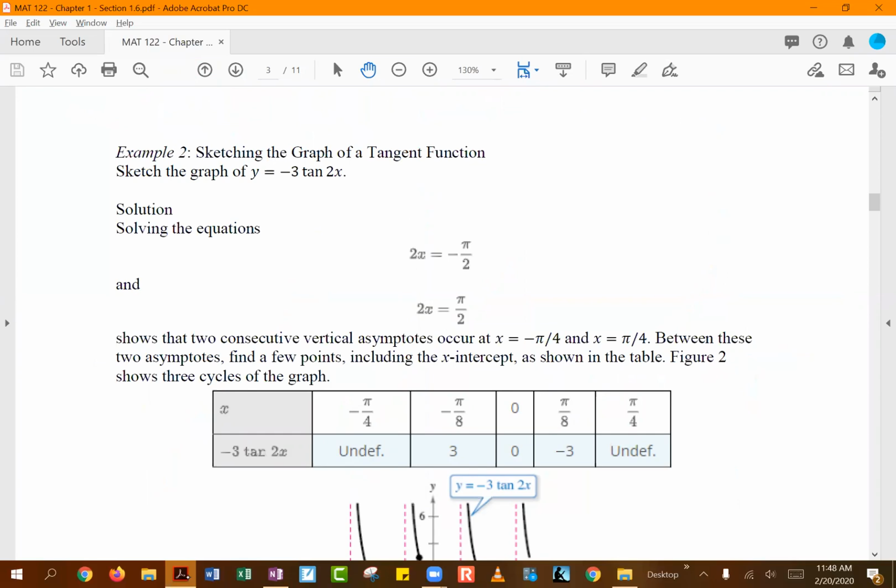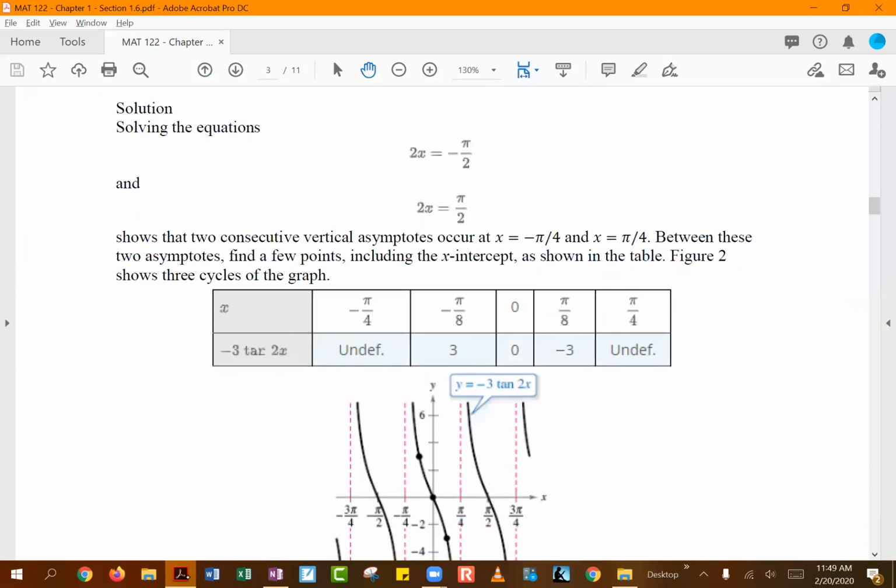So again, we start by taking 2x, setting it equal to -pi-halves, positive pi-halves, solve that so that you can get your x values. So at -pi/4, we'll have again a vertical asymptote, positive pi/4 vertical asymptote, and then halfway between that again would be our x-intercept, and then we've got a couple other points to help us out here.